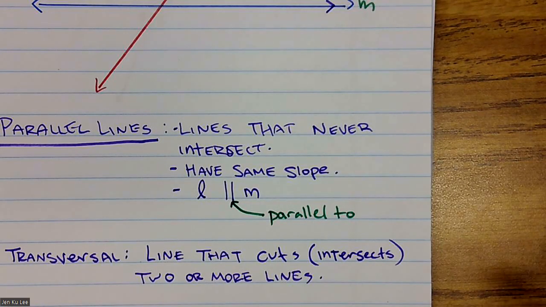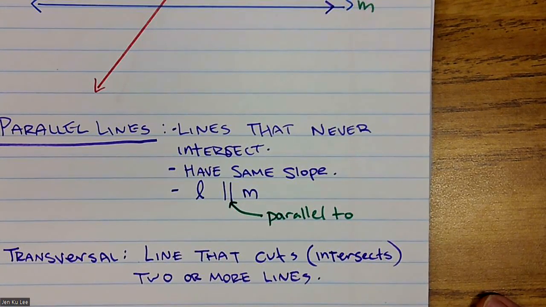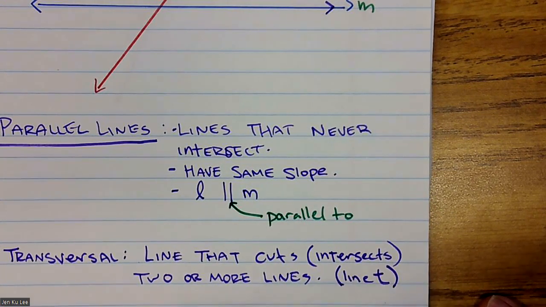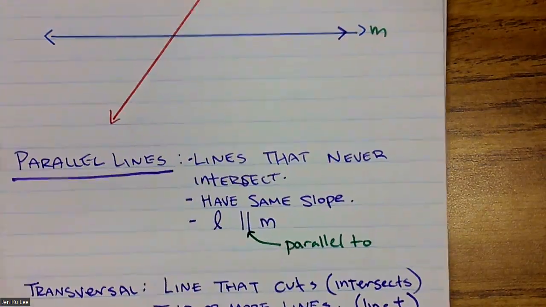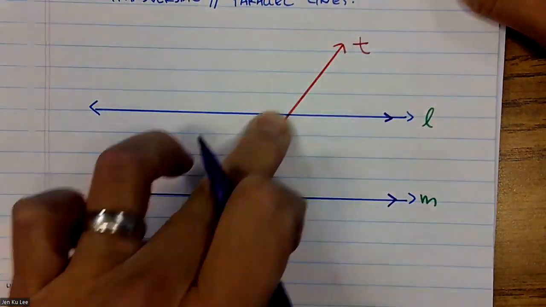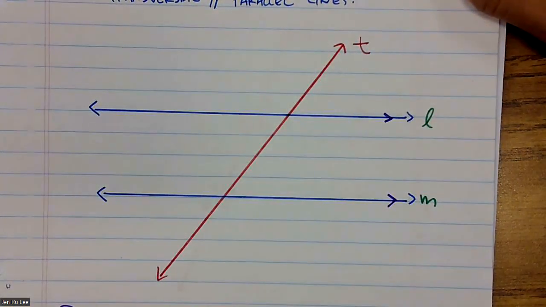Okay? In this section, those lines that they cut are going to be parallel. And your example here in this picture is line P. All right? So the red line here, line T, is your transversal.